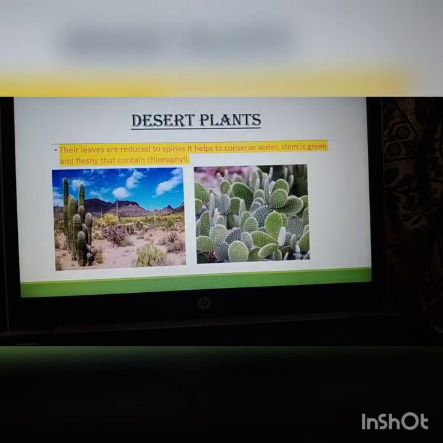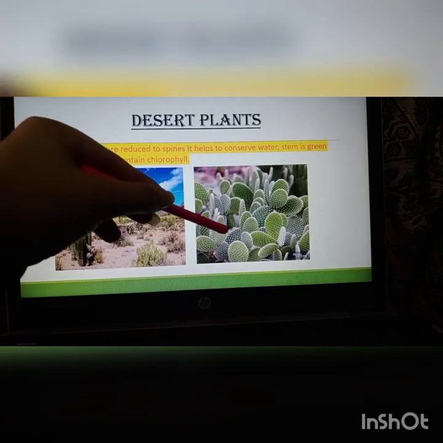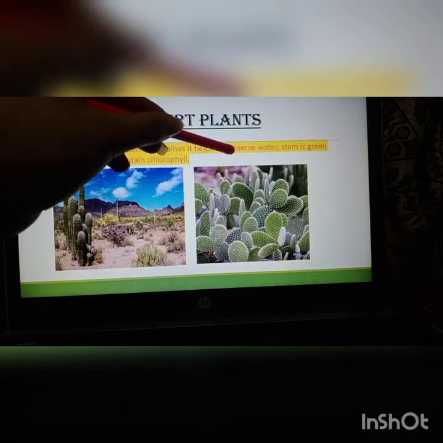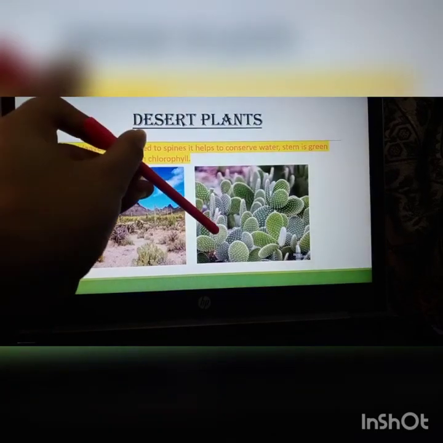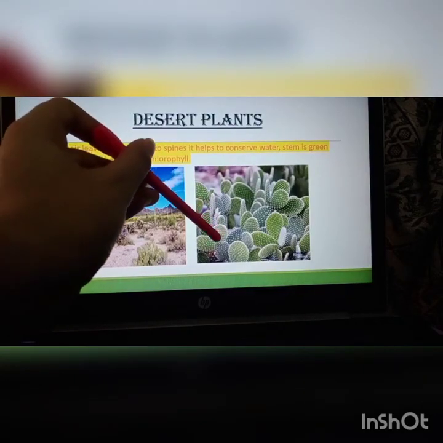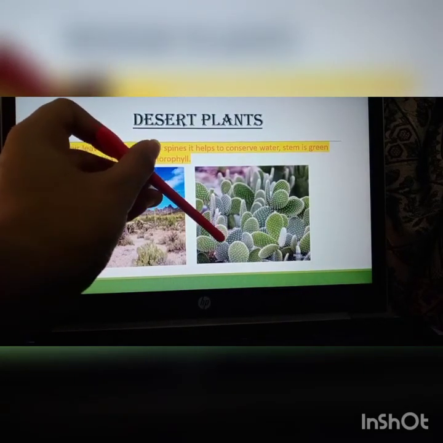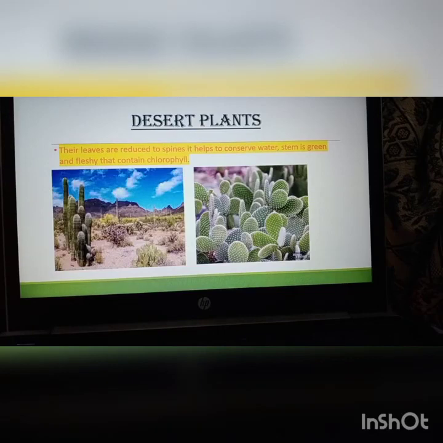Spines means kaante. These spines help them to conserve water. As you know, they grow in a desert area, and in desert areas there is a scarcity of water. So these spines help the plant to conserve water, which is very important in the desert area.